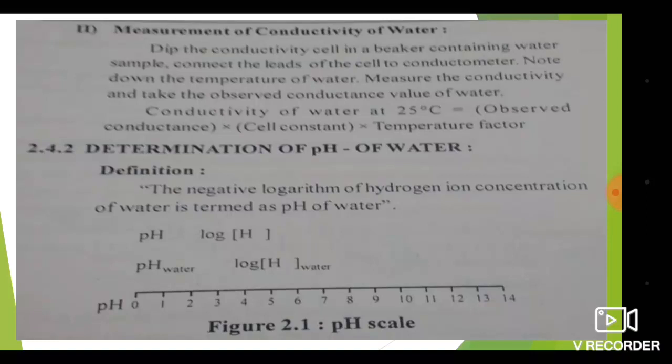From 0 to 7 it is acidic solution, from 7 to 14 it is basic solution. At 7 it is neutral; from 7 to 0 the acidity increases, and from 7 to 14 the basicity increases.